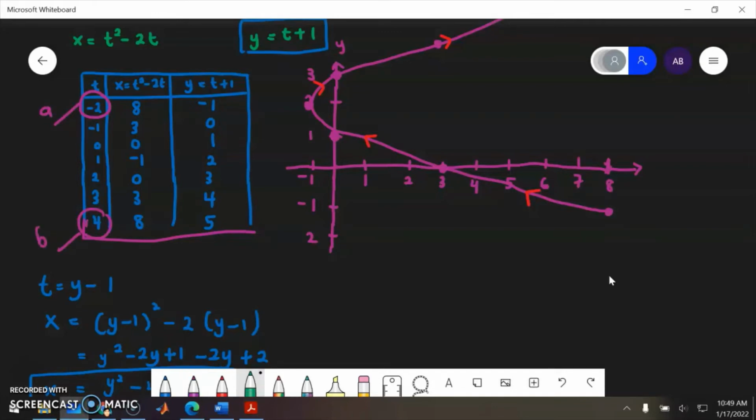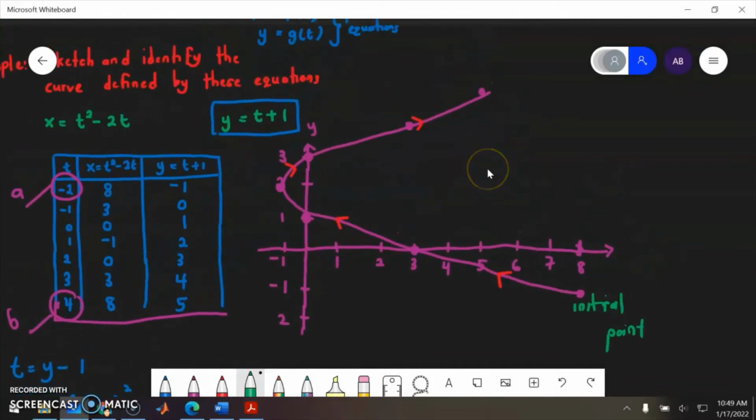So this will be my initial point. And the last one, not this one, further up. Okay, this is my terminal point.